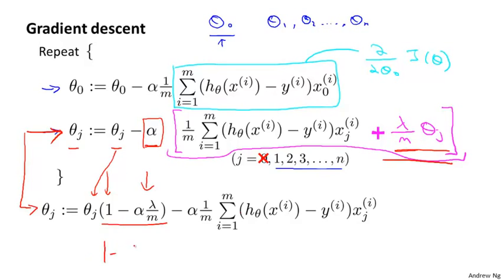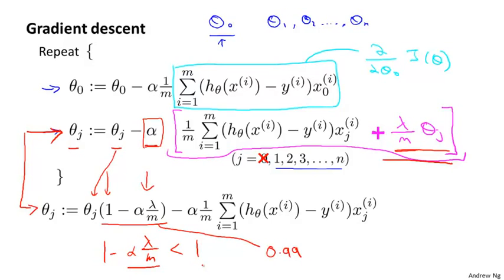Concretely, this term 1 minus alpha times lambda over m is going to be a number that's usually a little bit less than 1, right? Because alpha times lambda over m is going to be positive, and usually, if your learning rate is small and if m is large, this is usually pretty small. So this term here is going to be a number that's usually a little bit less than 1. So think of it as a number like 0.99, let's say.